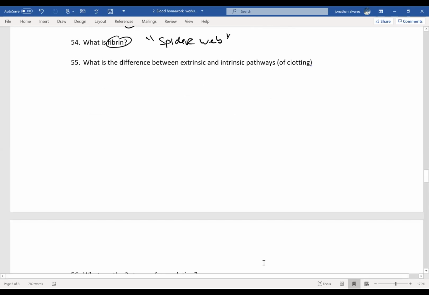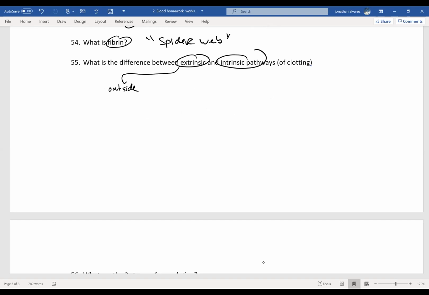Okay, extrinsic versus intrinsic pathways. Extrinsic means outside of the blood injury, and intrinsic means inside the blood injury.